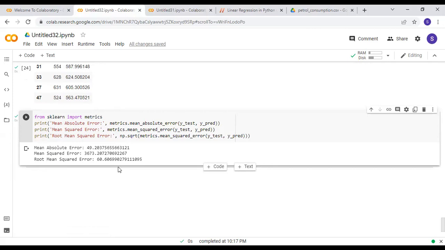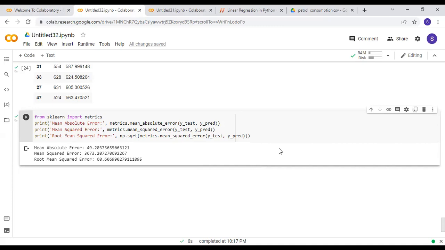So the error is greater than 10%. My error is giving 11.3, which is 11%. That means the accuracy is 89%. The model is accurate with 89%.